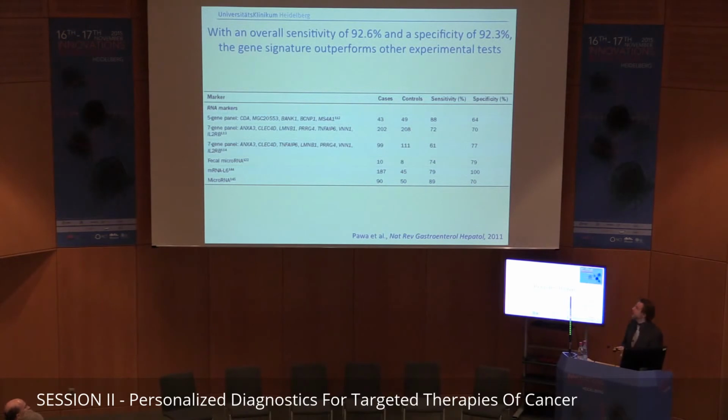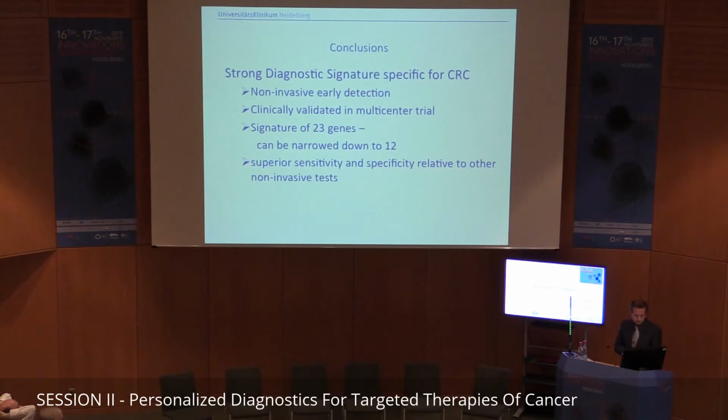So, taking again the slide that I showed in the beginning, we are convinced that this hypothesis-driven approach has the high potential to increase the rates of sensitivity and specificity in non-invasive colorectal cancer screening. In conclusion, we found a strong diagnostic signature that is specific for colorectal cancer. It allows for non-invasive early detection.